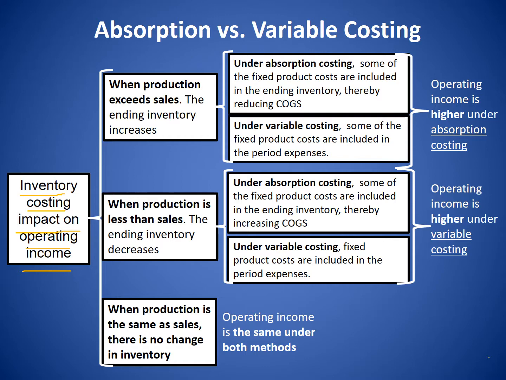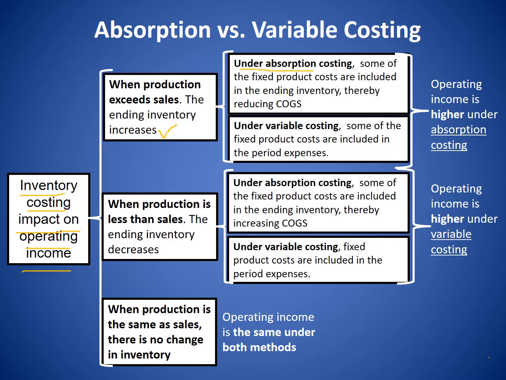When production of inventory exceeds sales, that means the ending inventory is going to increase. And you think about that, that makes perfect sense. If we're producing more than we're selling, that means our ending inventory is going to increase. Now, because of that, that's going to have an impact on our net income.